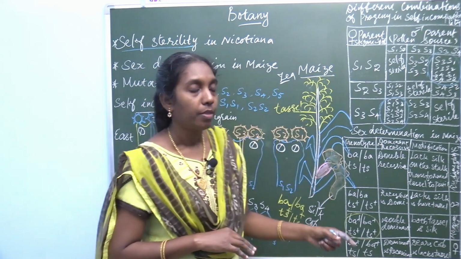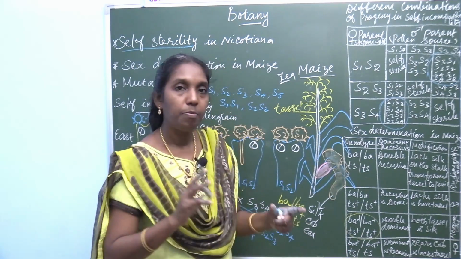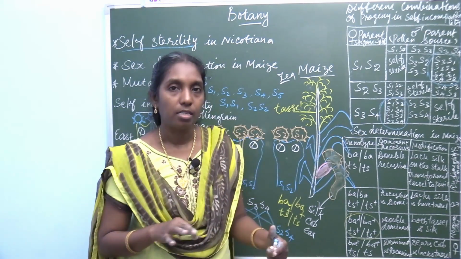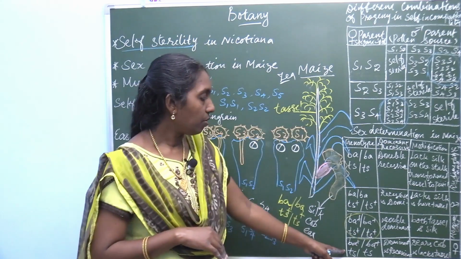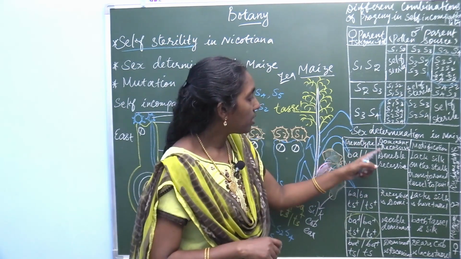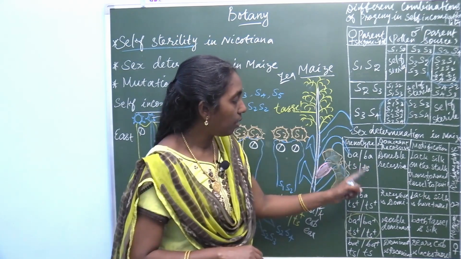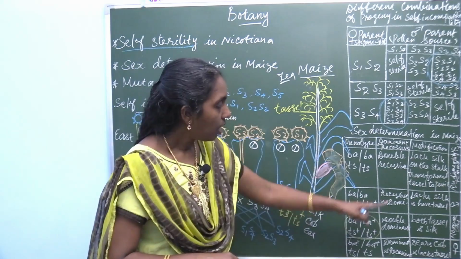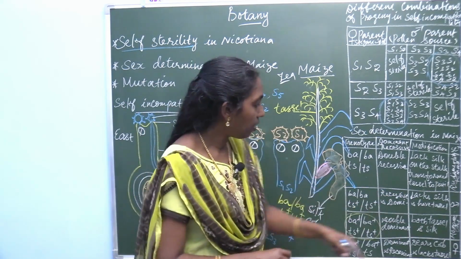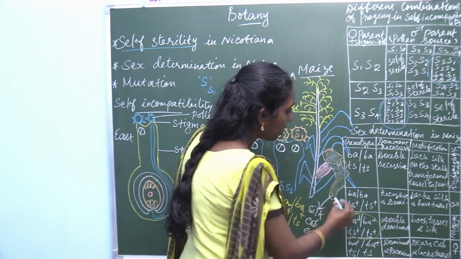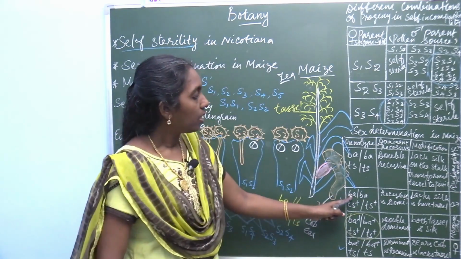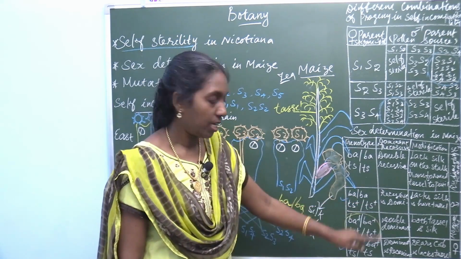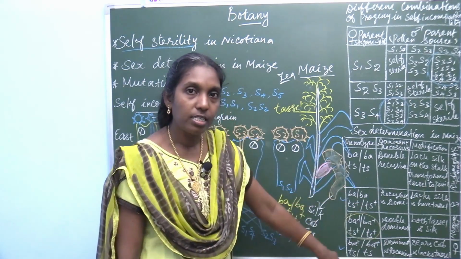And finally, what is the other genotype? BA dominant plus and TS recessive, dominant and recessive. The first genotype was double recessive. Here one is dominant, one is recessive. One produces the male, the other produces the female. Compare these two. Here BA barren recessive, TS dominant. But here barren dominant, TS recessive.